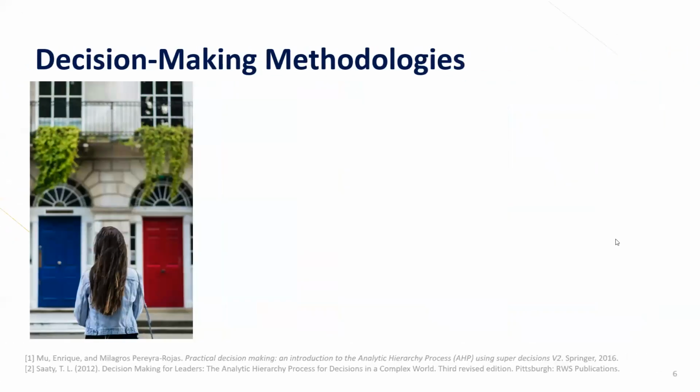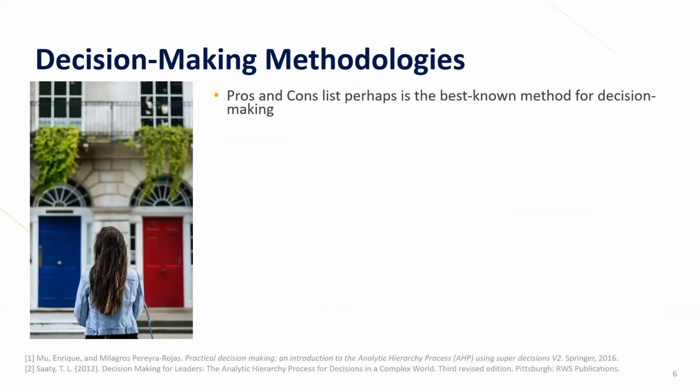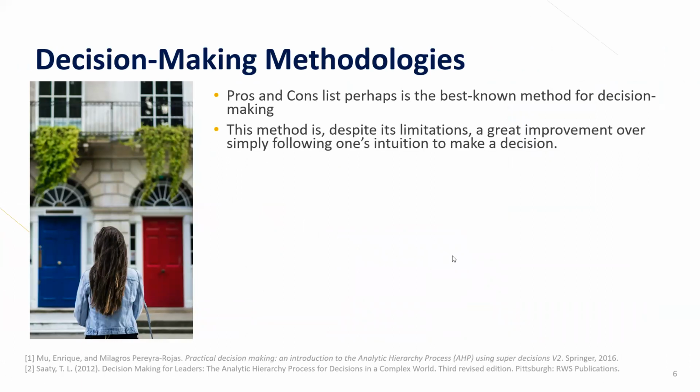There are many decision making methodologies that are considered, including perhaps one of the most popular, straightforward and easy ones: when you want to make a decision, sometimes you will list what are the pros of my decision, and what are the considerations of this decision, right?